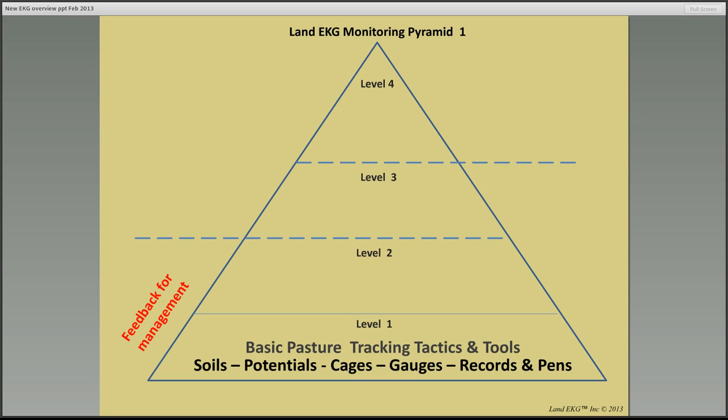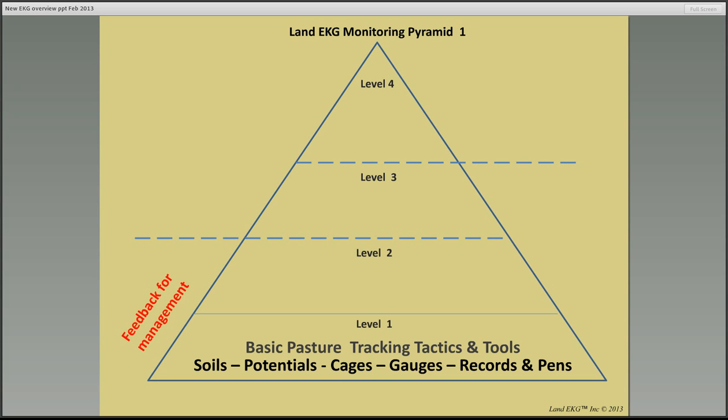This is just a diagram of our monitoring pyramid, and you'll see that there are 1, 2, 3, 4 levels, and I'm just going to work from the base. This is what we call the initial tier of monitoring, and this is what every person out there should be able to do easily and effectively.